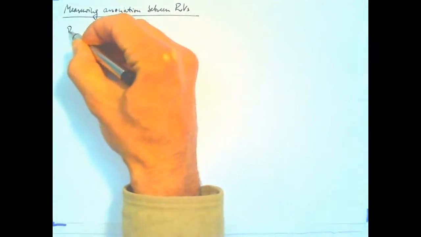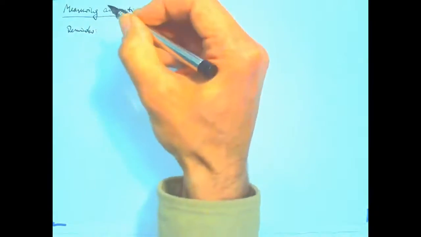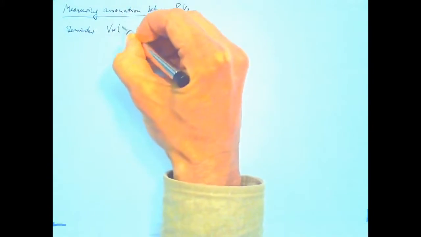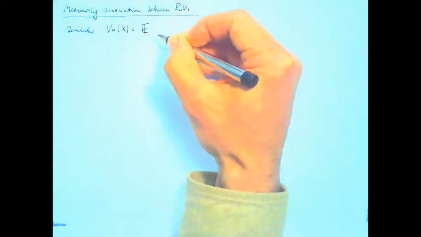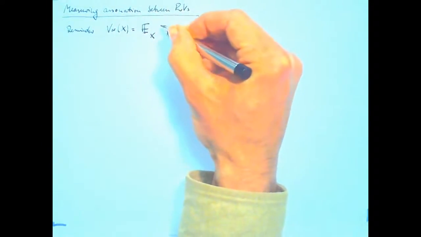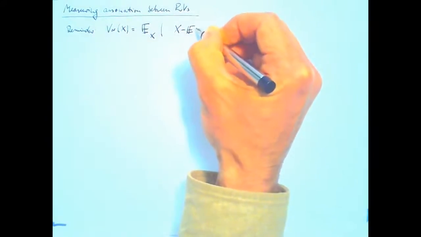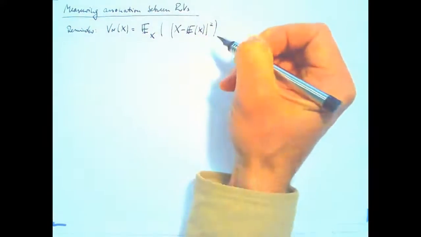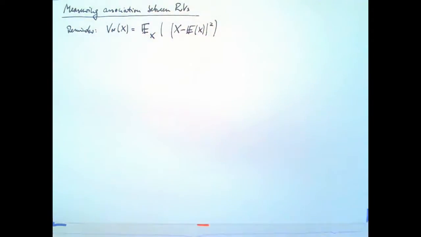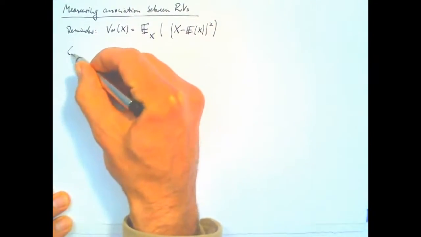So as a reminder, the variance we had seen last time, the variance of a random variable is defined as expectation with respect to x of the squared deviation from the expectation. And this concept can now be generalized if you're looking at more than one random variable. You then look at the covariance.